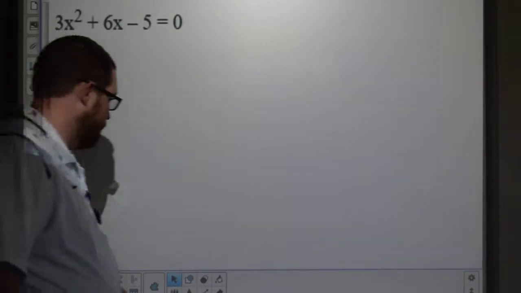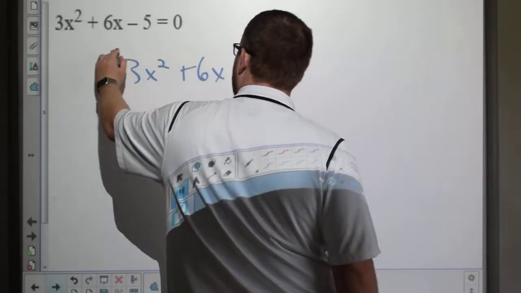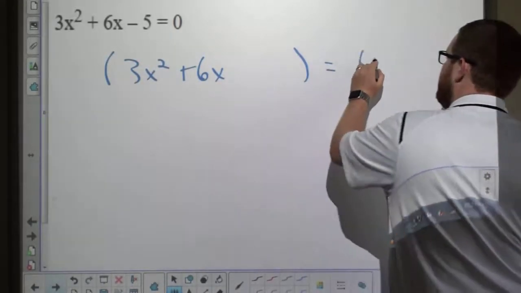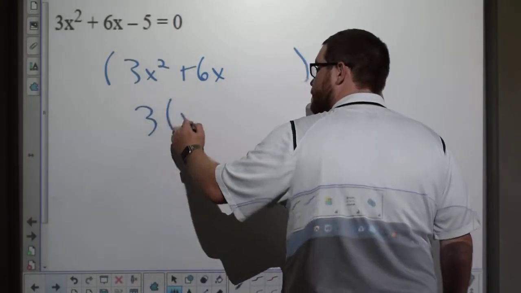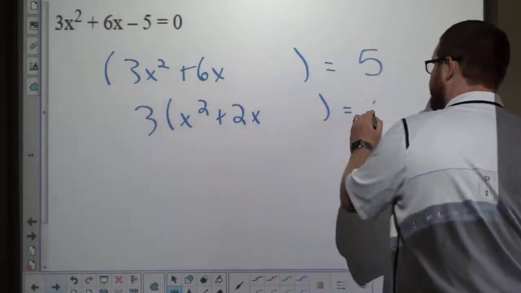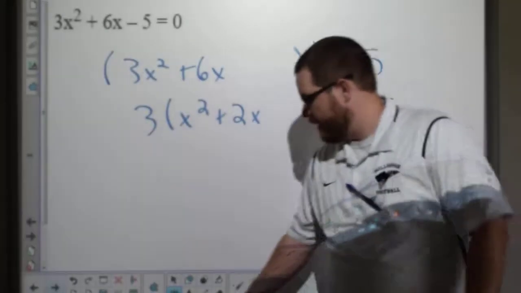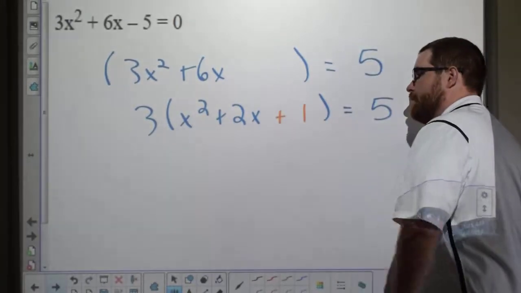Let's try it here. This one is a little bit different because there's a number with the x squared. I said there couldn't be, so I'm going to pull out that number. Leave the blank spot. Now fill it in. Take half of this term and square it, and you get 1.